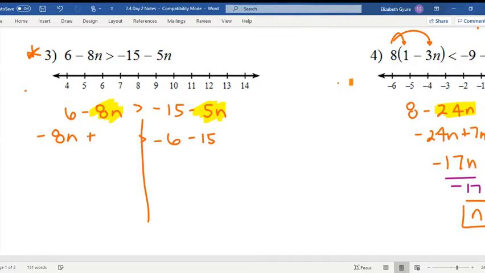Positive, very good. Oh, I think with this one, Annalise, you maybe needed to watch your signs because I remember you asking me what 8 plus 5 was. You figured it out? Okay, good. Negative 8 plus 5 is going to give me negative 3n is greater than negative 6 minus 15 is negative 21. And then, Corey, what do we need to do next?